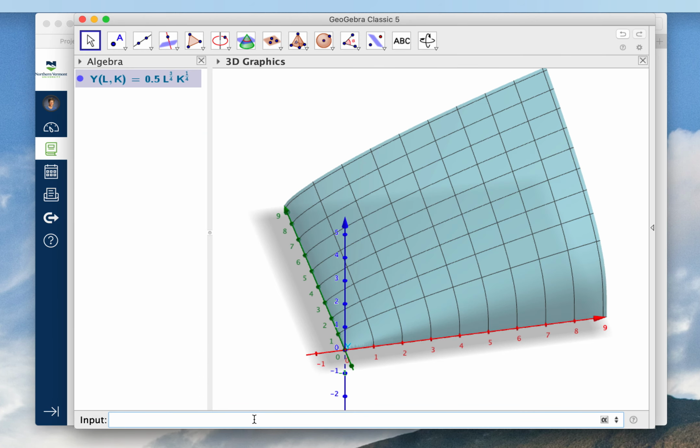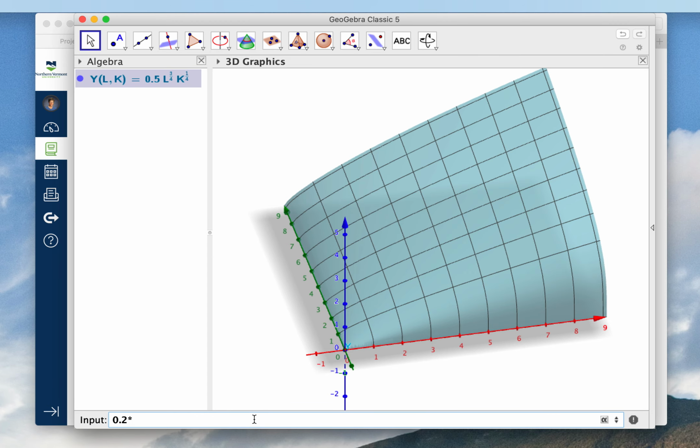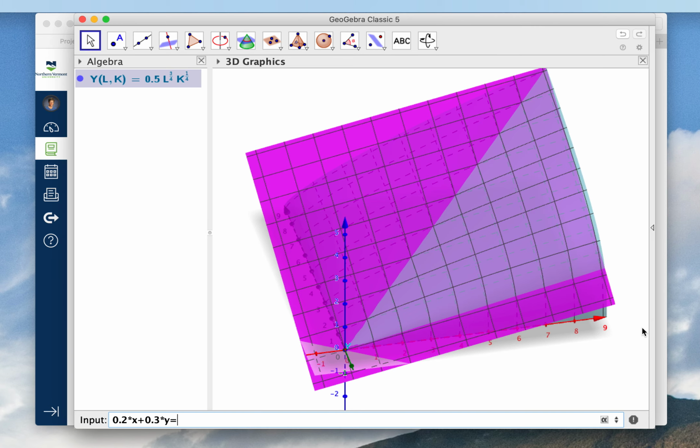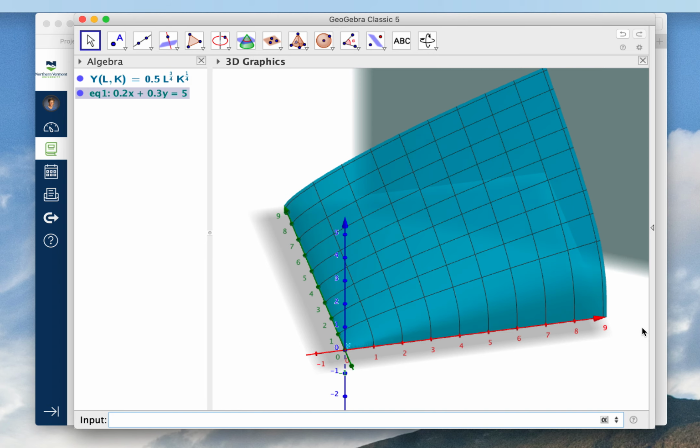So let's see if we can write our constraint. 0.2 times x, remember x was labor, plus 0.3 times y is not to exceed $5,000. So x is labor, y is capital.